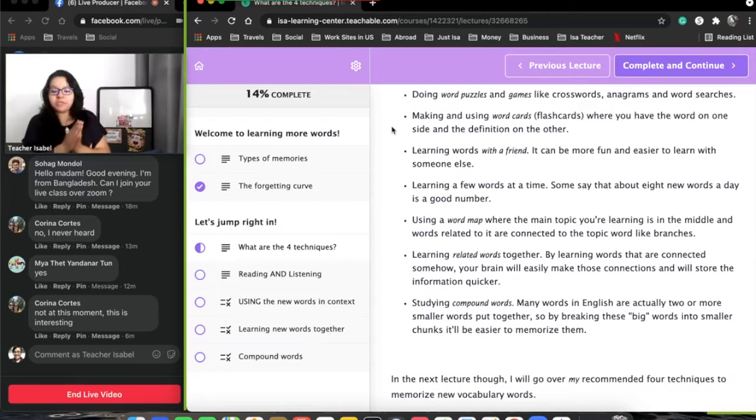I also found that you could use a word map. This is a little bit weird to explain, but imagine you have your word. For example, we're learning weather terms. So in the middle of your page, we would have weather, and then a tree branch that connects to hot or summer, for example.